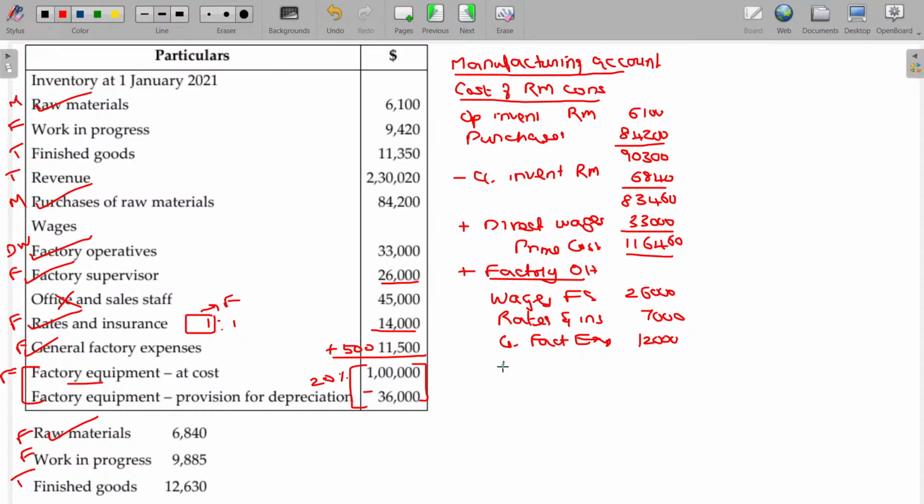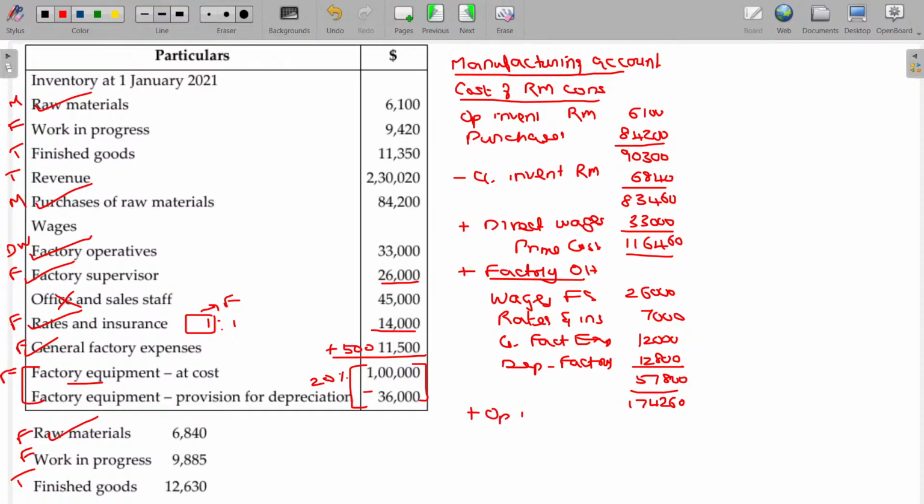And factory depreciation. 1 lakh minus 36,000, on that 20% will come here, 12,800. 57,800. If you add this with the prime cost, the total being 1,74,260.